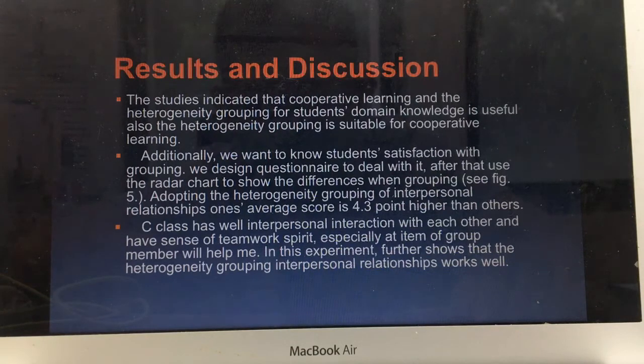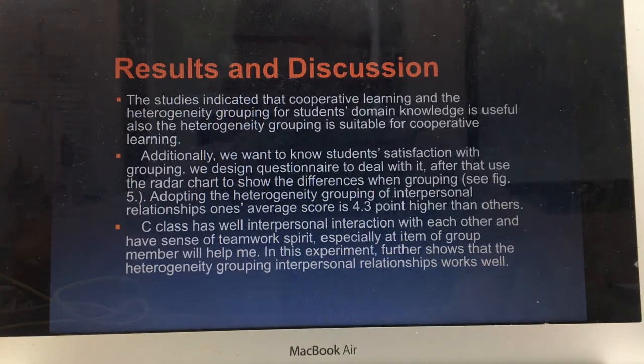The C class has good interpersonal interaction with each other and a sense of teamwork spirit, especially in the item of group members helping the teacher. This experiment further shows that grouping by interpersonal relationships works well.